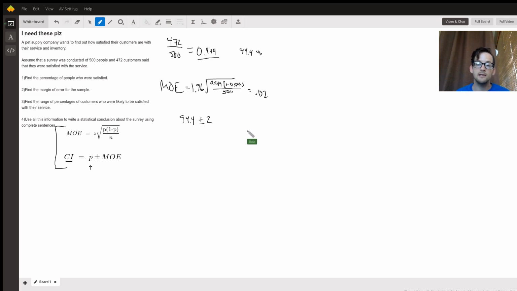Again, in this case, since we're asked for percentage, we're moving back to those instead of the decimals. And so when we add our 2, we're going to get 96.4%. When we subtract, we get 92.4%. And this is our interval, right? This is our range of percentages of customers who are likely to be satisfied.